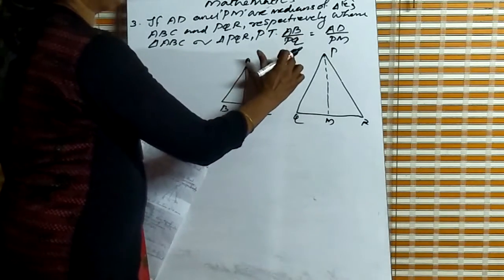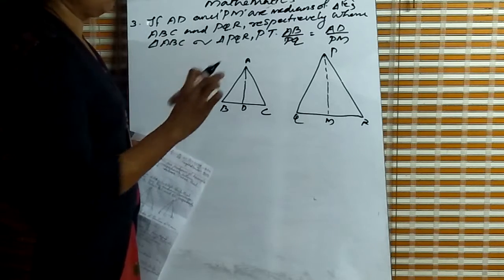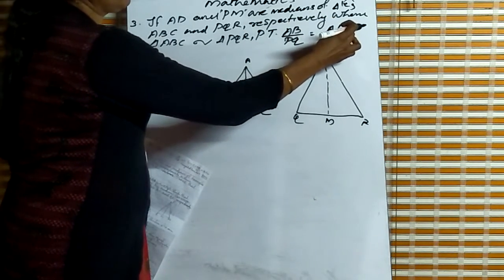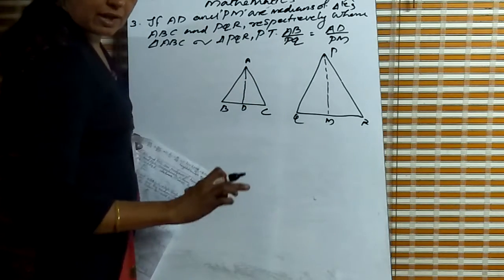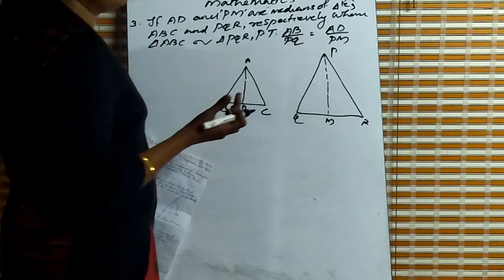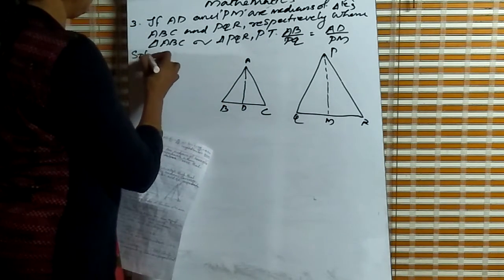Show that AB by PQ is equal to AD by PM. For that we prove AB and PQ are the corresponding sides of some similar triangles and its corresponding sides are proportional. For that, what is given? We are given solution.